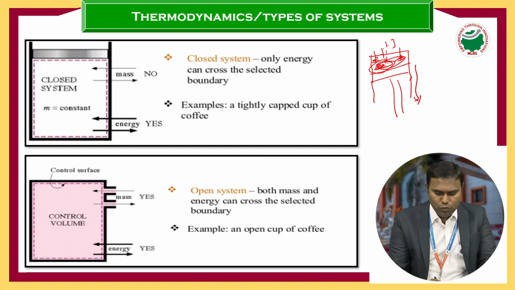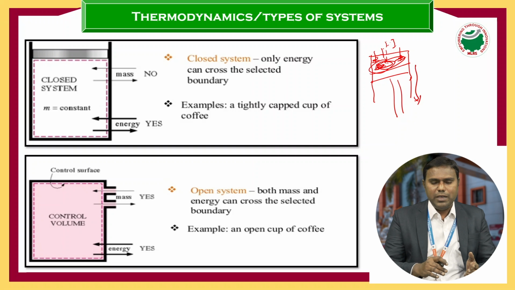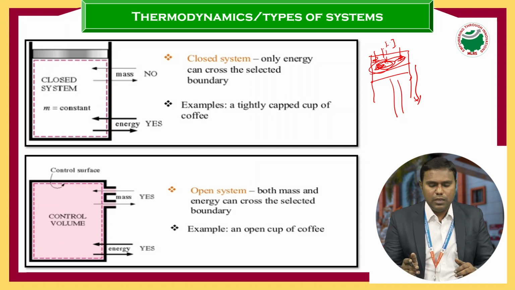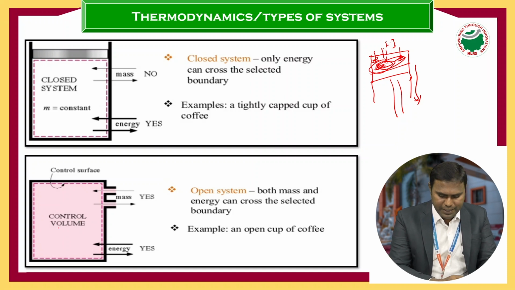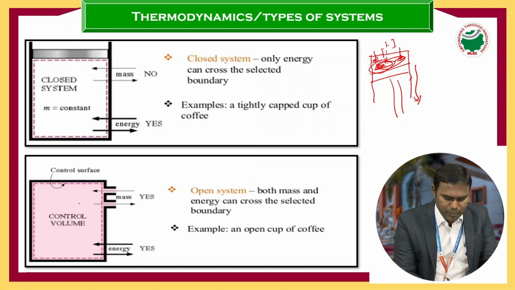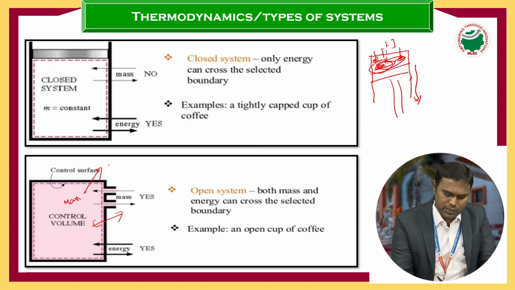Then coming to the open system, both mass transfer and energy transfer take place from the system. In this example, we don't have any cap on the coffee cup. So mass transfer is there from the system to the surroundings, and energy transfers from the system to the surroundings.